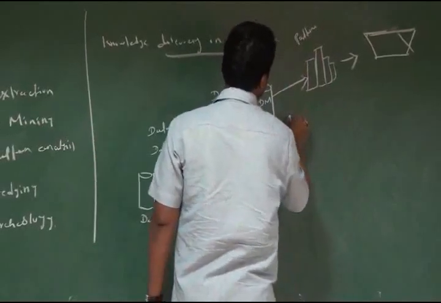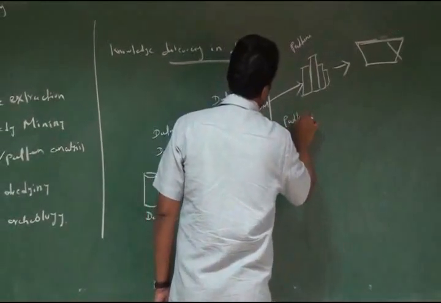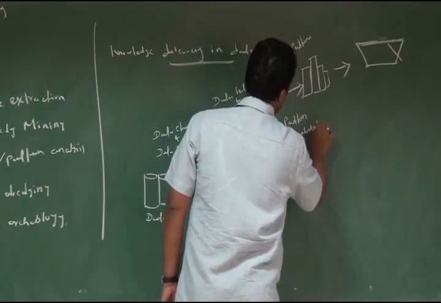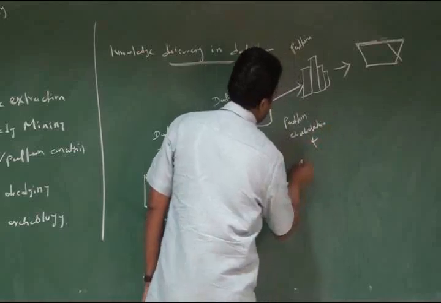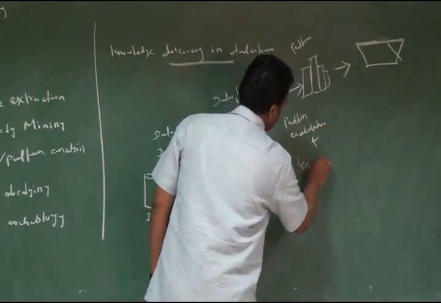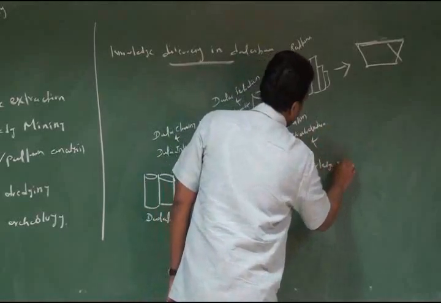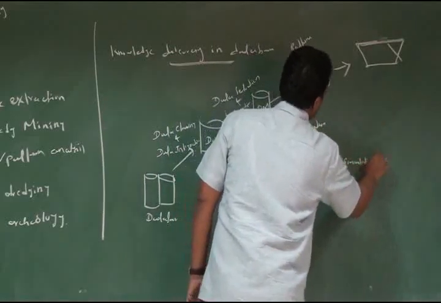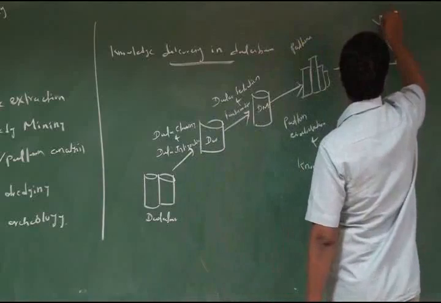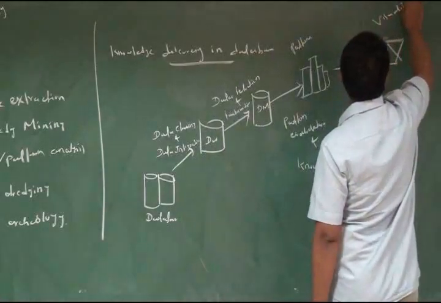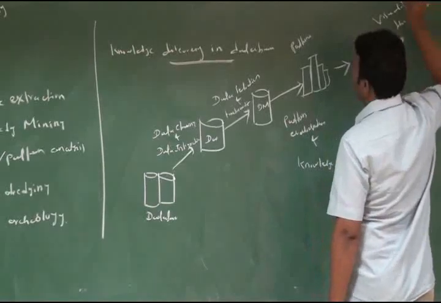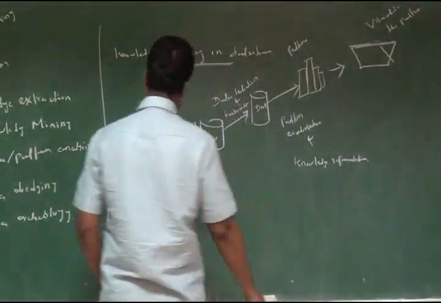Here we are going to evaluate the pattern, pattern evaluation and knowledge representation. Knowledge, here we are going to visualize the pattern in the different form. These are the steps in the knowledge discovery in databases.